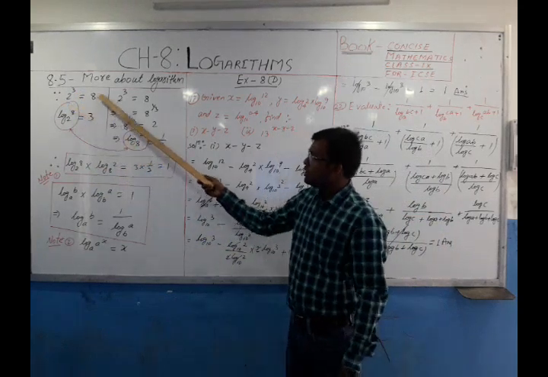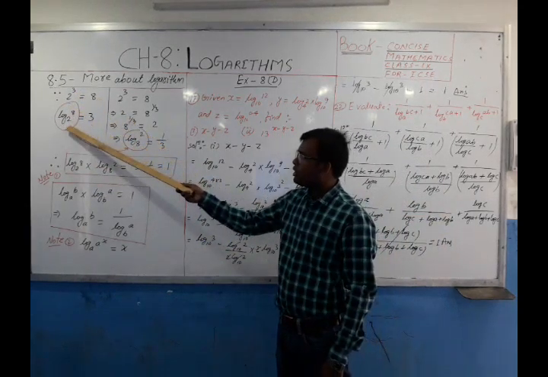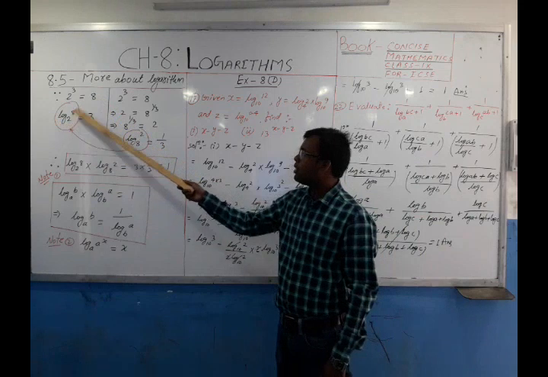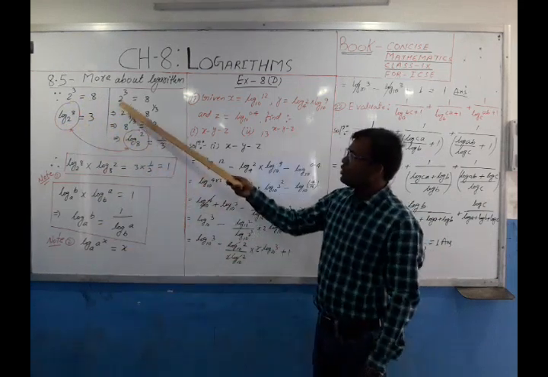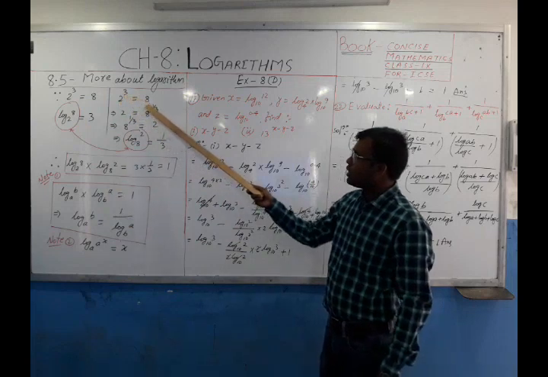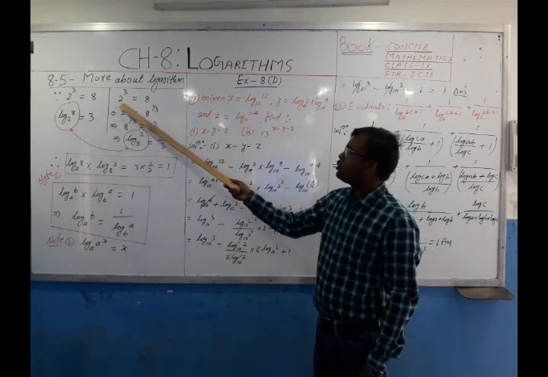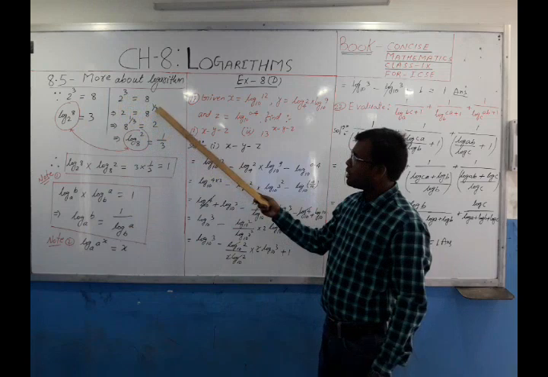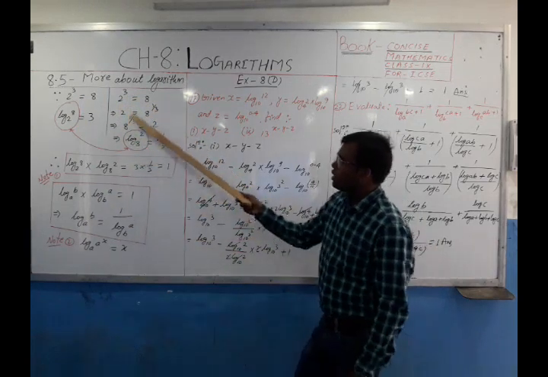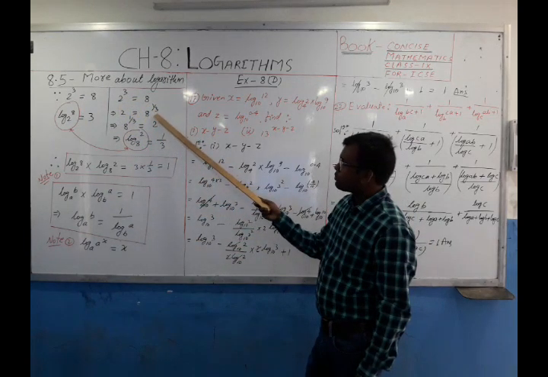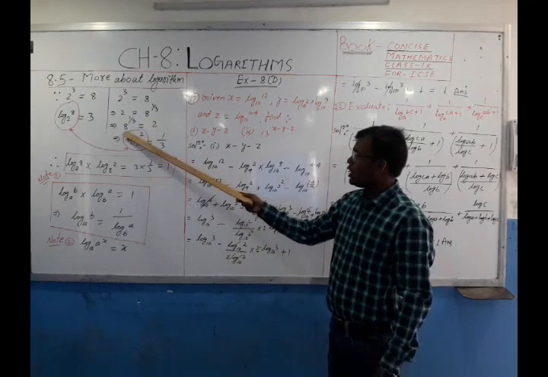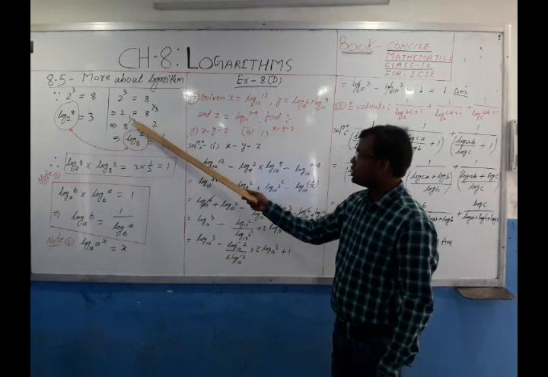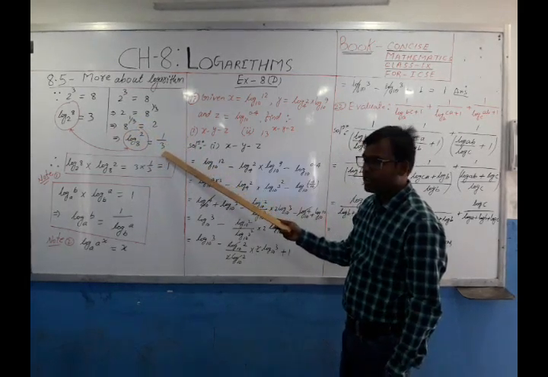So if we change this exponent in the form of logarithms, this will be log 8 to the base 2 equal to 3. Now see, you can also write 2 to the power 3 equal to 8, so you may write 2 equal to 8 to the power 1 by 3. Yes or no? And now convert this exponent in the form of logarithm. So 8 to the power 1 by 3 equal to 2, so log 2 to the base 8 equal to what? 1 by 3. Is it clear?